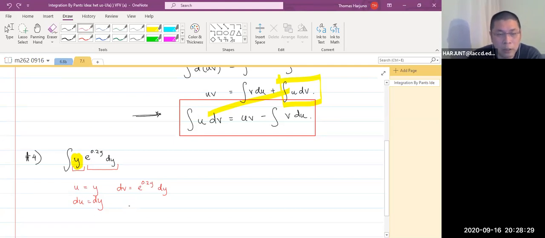Anyway, coming back here, dv is this, so the antiderivative of that will be 1 over 0.2 e to the 0.2 y, which equals 5 e to the 0.2 y.